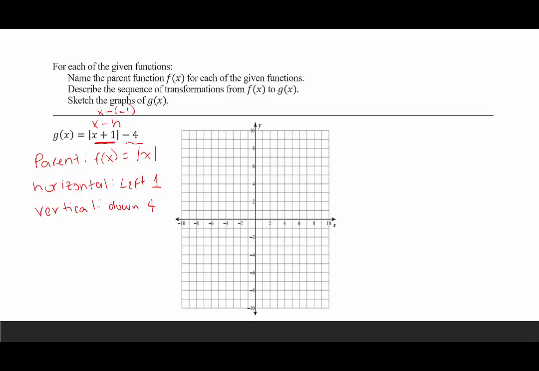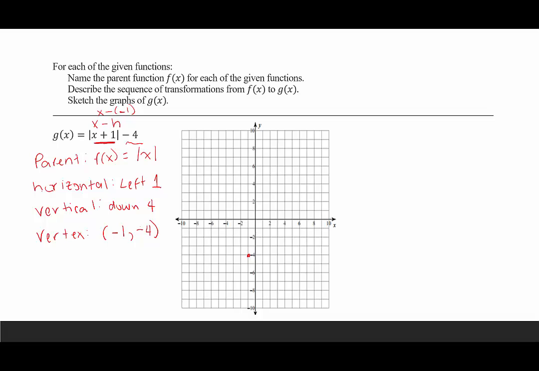I like to use this information, the horizontal and vertical shift, to tell me where the vertex of this graph is. The vertex will be left of 0 by 1 unit, that would be negative 1, down 4 would be minus 4. So this graph is going left 1, down 4. And then there's no negative, so there's no reflection about anything. And there's no coefficient.